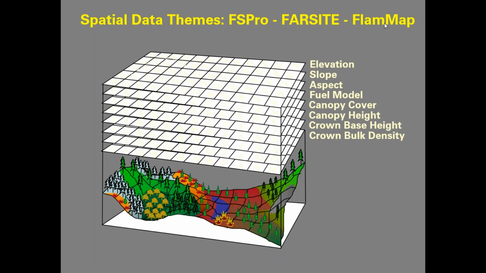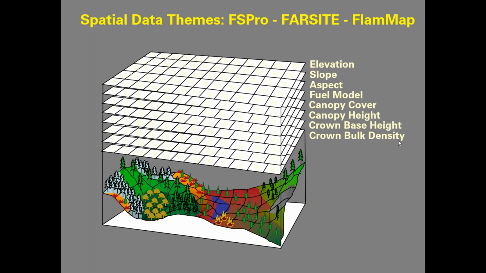Quickly, what I want to talk about now is data themes. Farsight, FS Pro, FlamMap, IFTDIS, WFDIS, they all use this basic grid sandwich of data that includes these 8 data themes: elevation, slope, aspect, fuel model, canopy cover, canopy height, crown base height, crown bulk density.